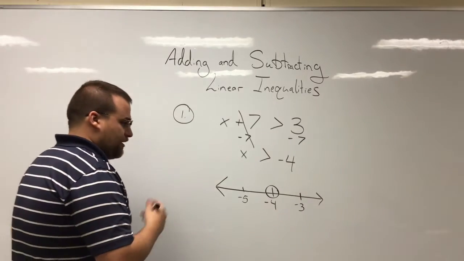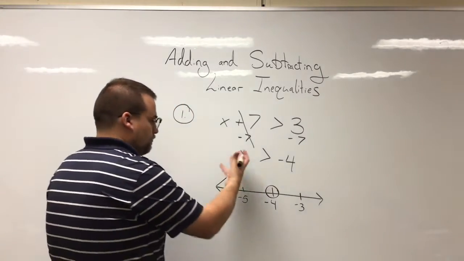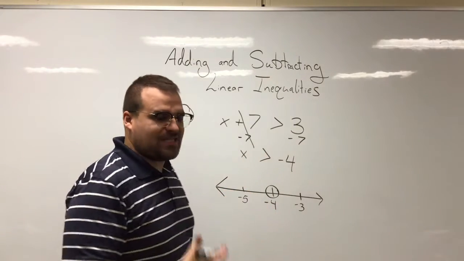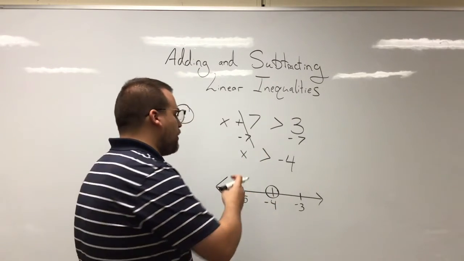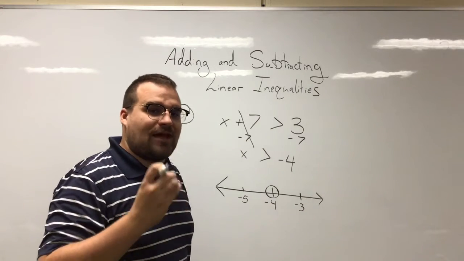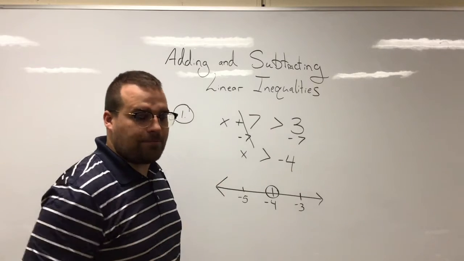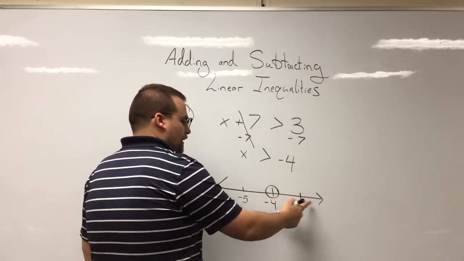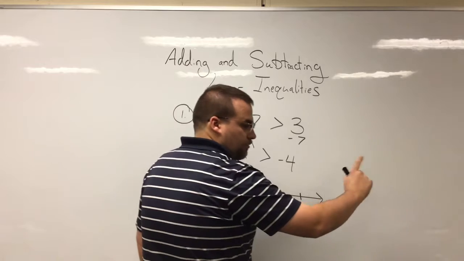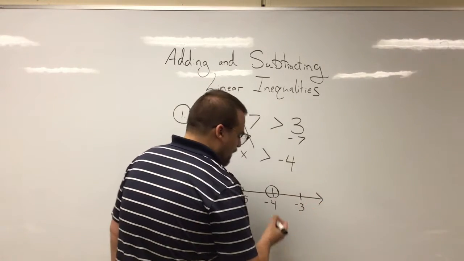We're then going to put an arrow in the direction that points the way the inequality tells us. So if we know x is greater than negative 4, we are going to make that arrow point towards the larger or the greater numbers. Now, of course, the greater numbers are over here on the right-hand side of a number line, negative 3, negative 2, negative 1, that kind of thing.